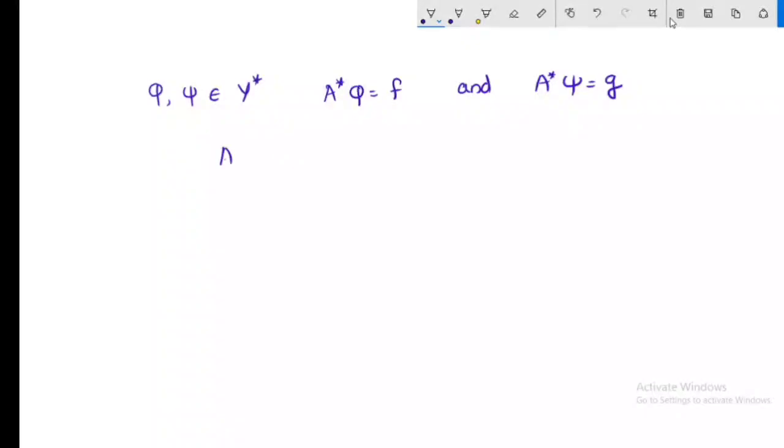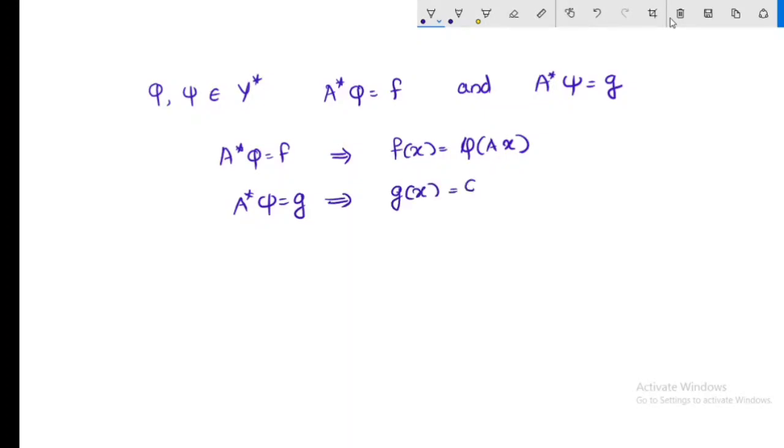A star phi is equal to f implies f of x is equal to phi of Ax. Similarly, A star psi equal to g implies g of x is equal to psi of Ax.